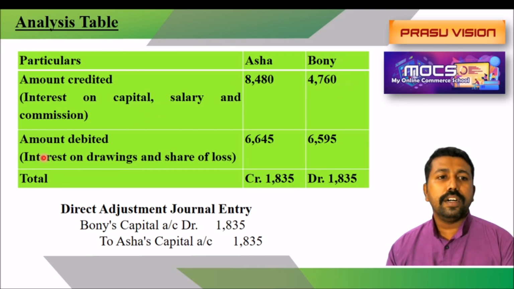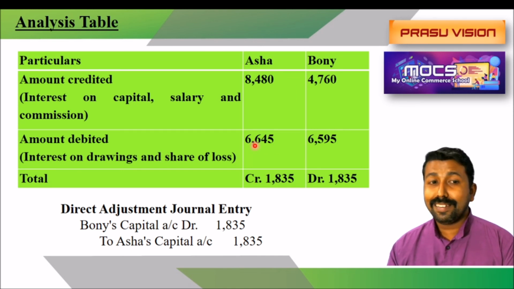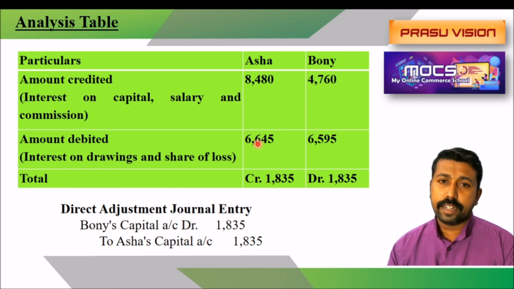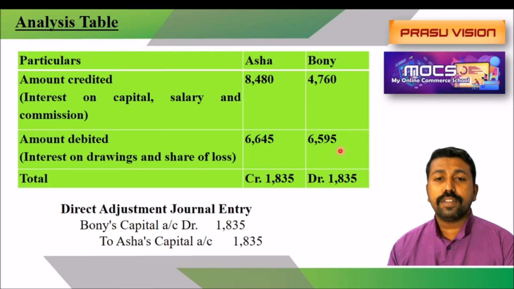Also, the amount debited includes their share of loss plus interest on drawings. For Asha, 6,445 is the share of loss plus interest on drawings 200. Here, 6,445 plus interest on drawings 150. And we are finding out the difference between these values.